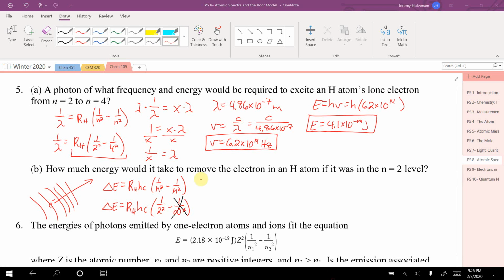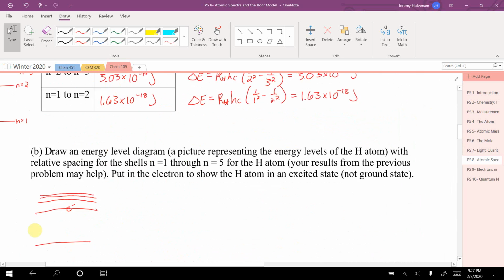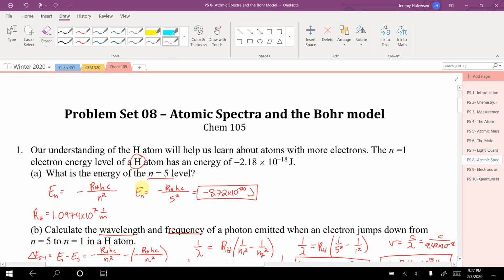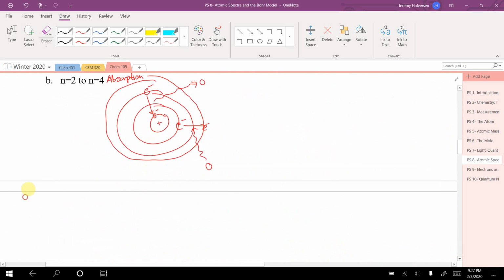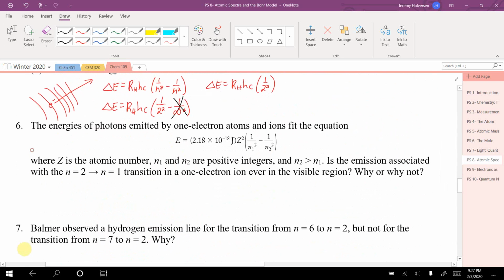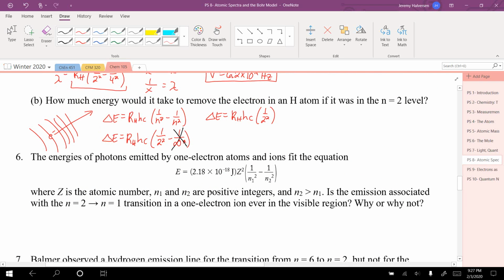That just goes away, and I'm left with, maybe you'll recognize, this looks just like the equation that we used at the beginning. And that's because being infinitely far away is 0 energy. So if I'm calculating the energy change between here and 0 energy, it's just going to be equal to the energy of that n level.